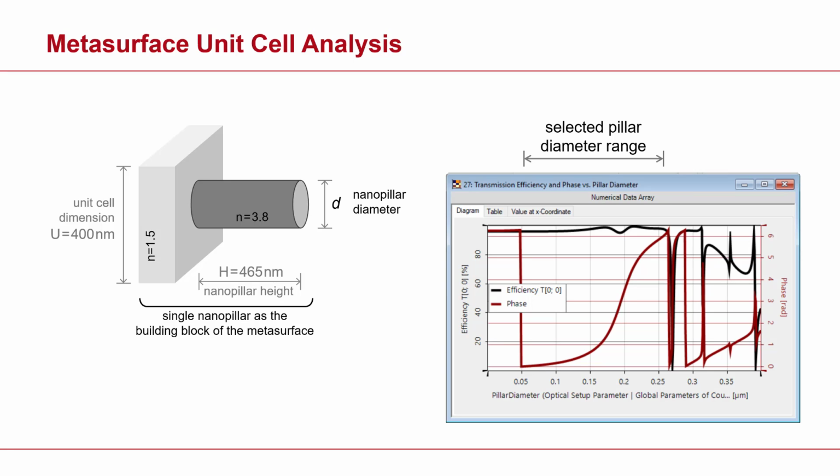Of course, the assumption implicit here is that when we take those pillars that we simulated as a perfect grating with all pillars the same, when we take those pillars and put them in the pixels of the period of the metagrating, the phase and efficiency response we're going to get per pixel of our beam splitter is going to be more or less the same as the efficiency and the phase we can read in this plot, in this 1D plot.